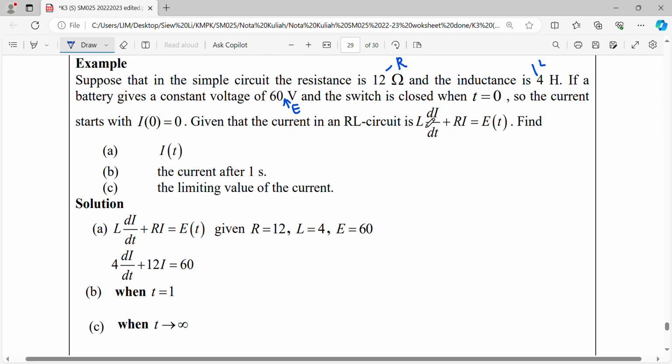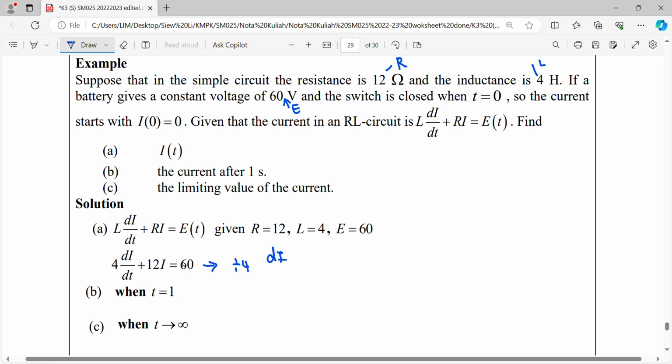So first of all, we substitute your inductance here is 4. And then your resistance here is 12. And your electromotive force here is 60. So the first thing, we get this DE, and this DE can be simplified by dividing by 4.